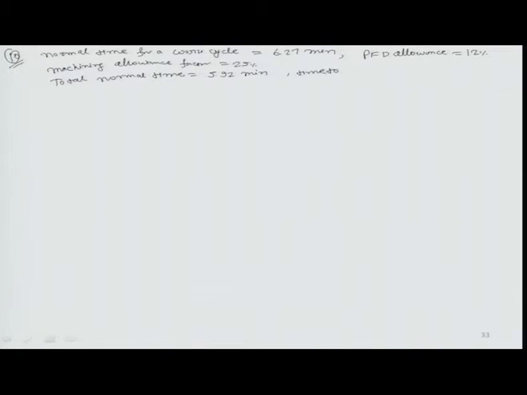Time performed as internal element is equal to 0.65 minutes. Okay. So first we will calculate standard time.